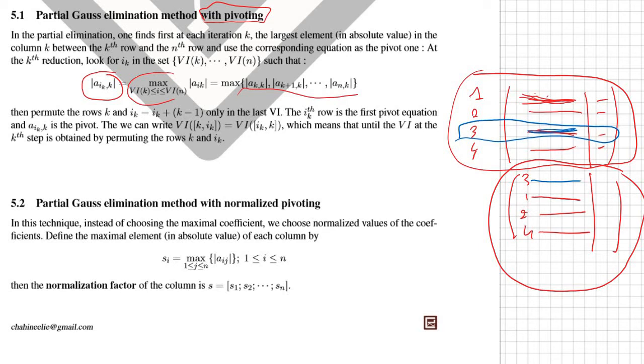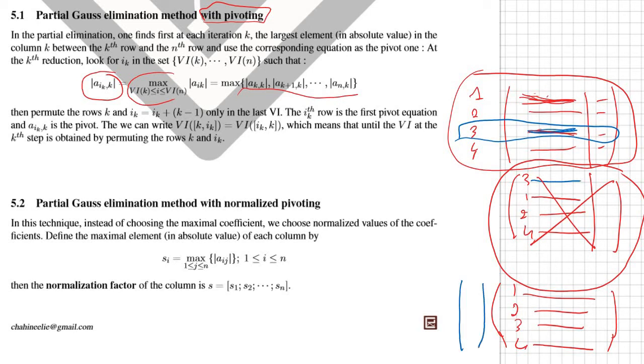So instead, we will keep the same matrix as before: row 1 at position 1, row 2 at position 2, row 3 at position 3, row 4 at position 4. But in the index vector that I have created, 1, 2, 3, 4, I will exchange the entries and put 3, 2, 1, 4.